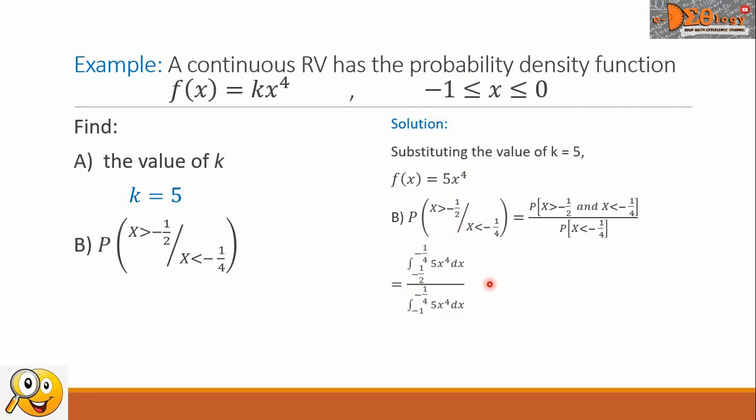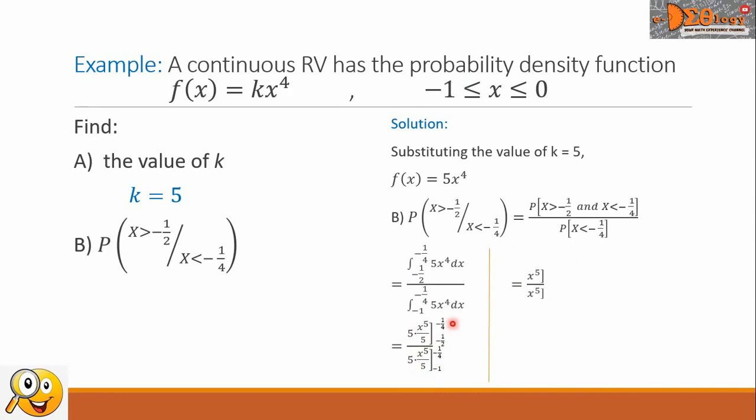Applying now our integral rule, so we have 5 times x raised to 5 over 5, and the limits are here. Also in the denominator, we have 5 times x raised to 5 over 5. We can cancel this number 5 and the denominator here. Simplifying this, we have now x raised to 5 over x raised to 5 in the denominator.